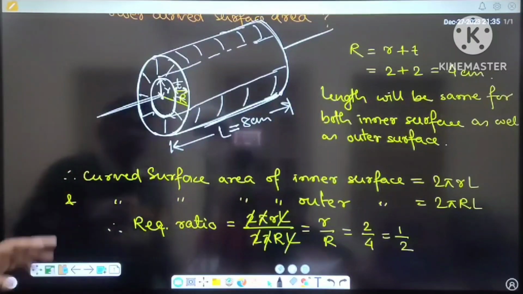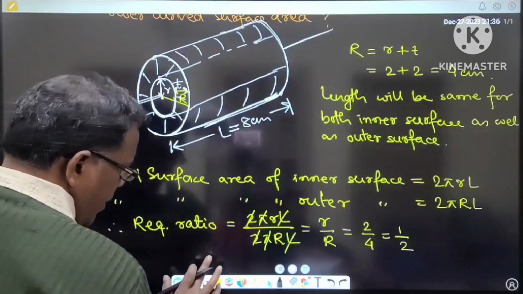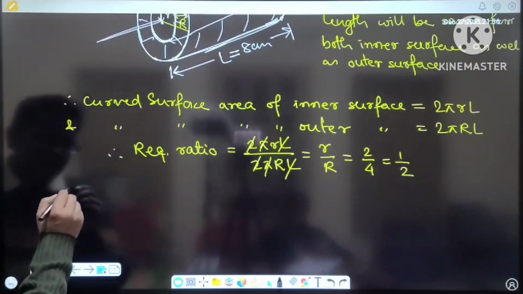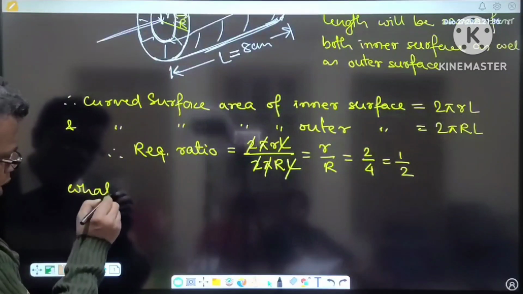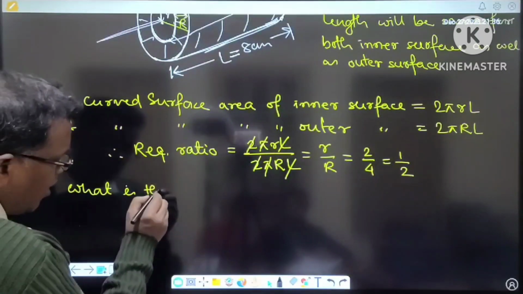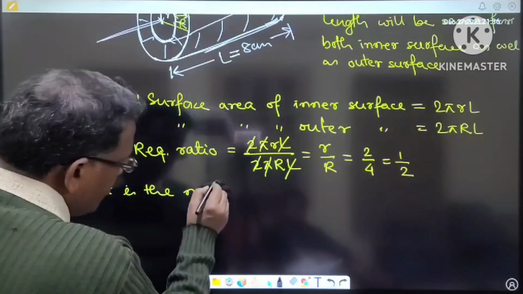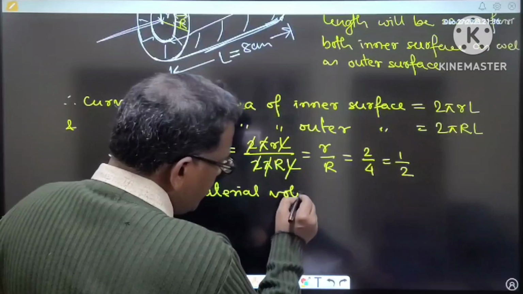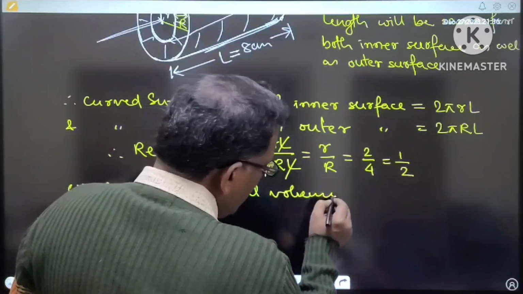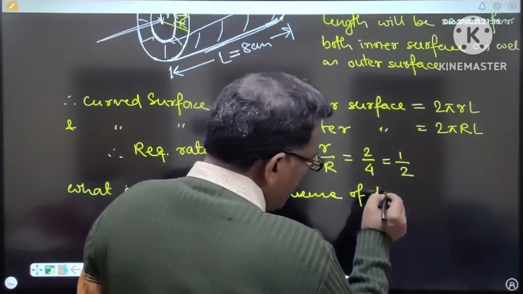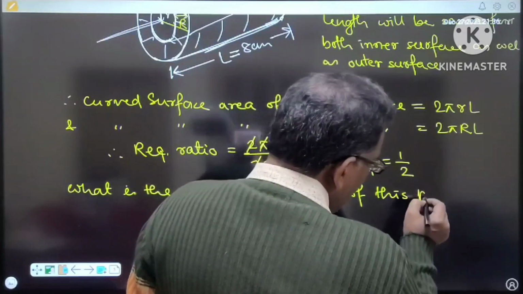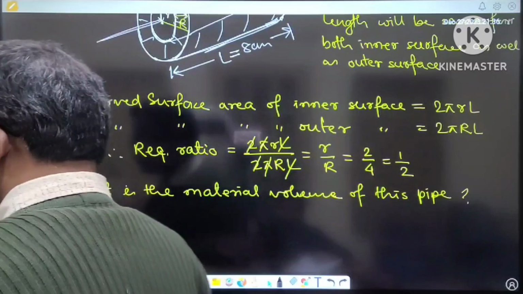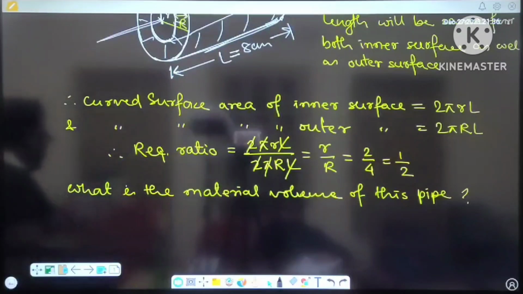Can you tell me, though primarily this is not asked in the question, but still if I add one part to it, what is the material volume of this pipe? Can you find the material volume of this cylindrical pipe if I add this question?